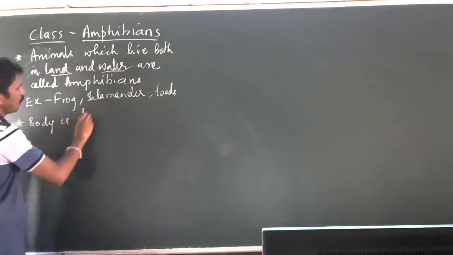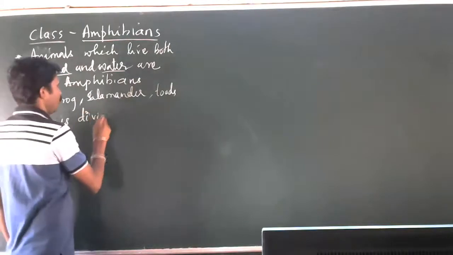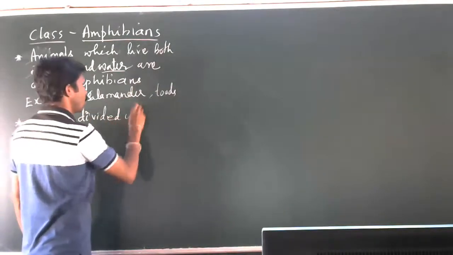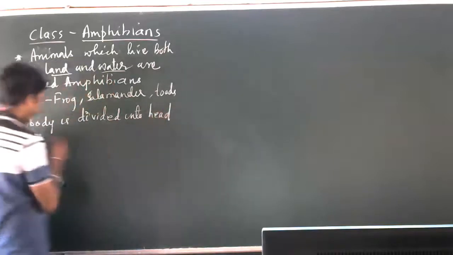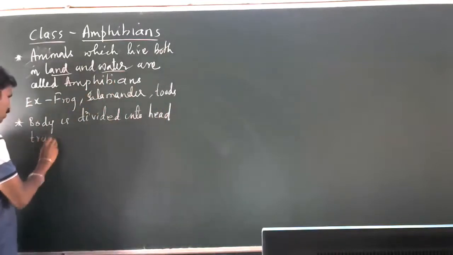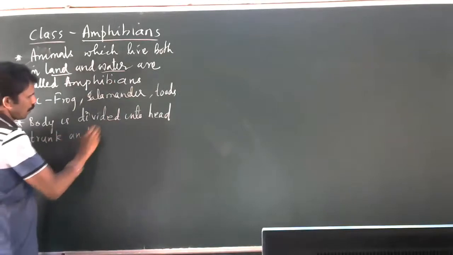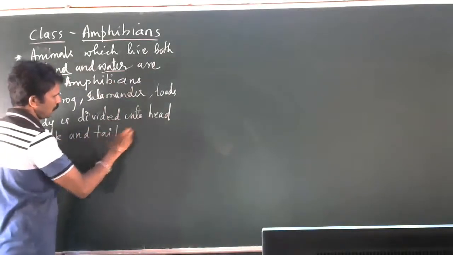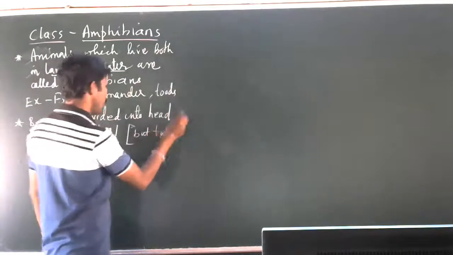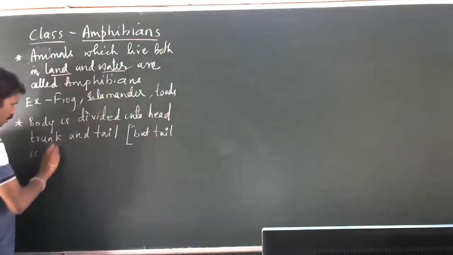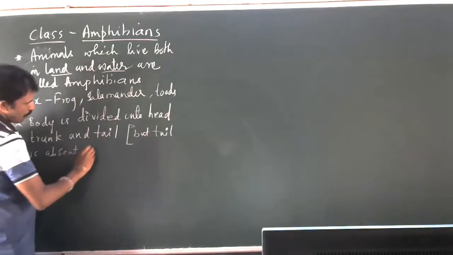The body is divided into head, trunk, and tail. But the tail is absent in the adult stage.